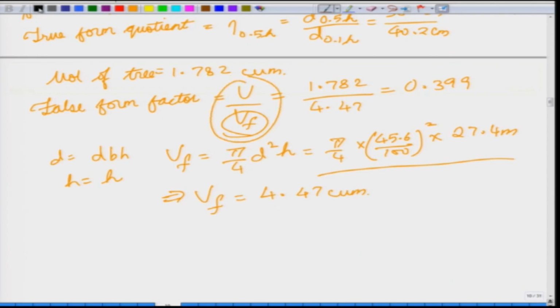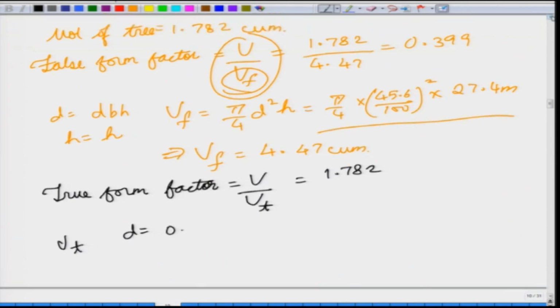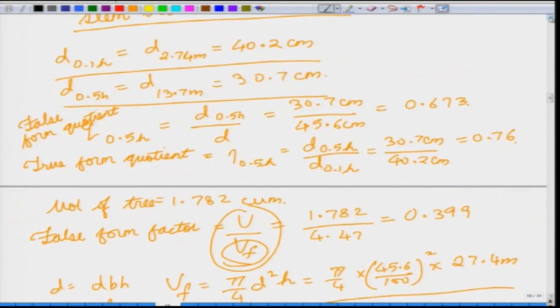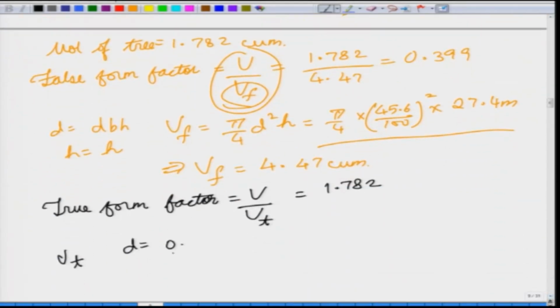Next, have a look at the true form factor. Now, the true form factor is given by V divided by V t. Now, V is 1.782 and V t is the volume of a cylinder with d equal to d at 0.1 h, this one, 40.2 centimeters, and height equal to the height of the tree, which is 27.4 meters.